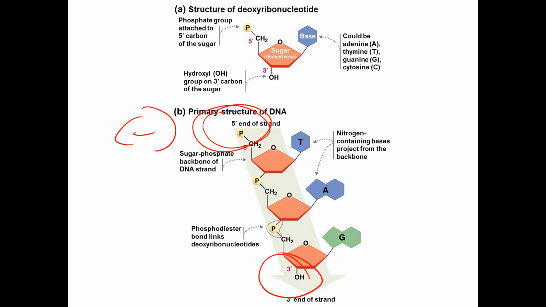The reason you get the 5' is because this phosphate is attached to the 5th carbon of the sugar, deoxyribose, because it goes 1, 2, 3, 4, 5.